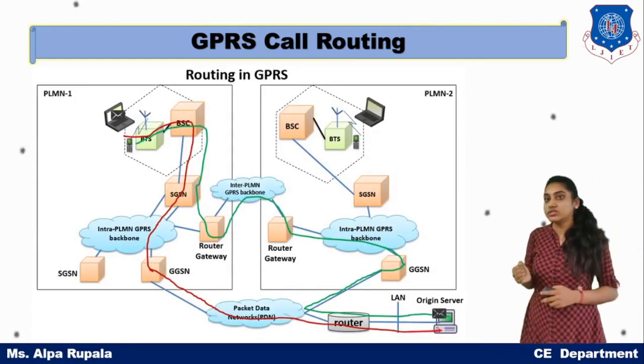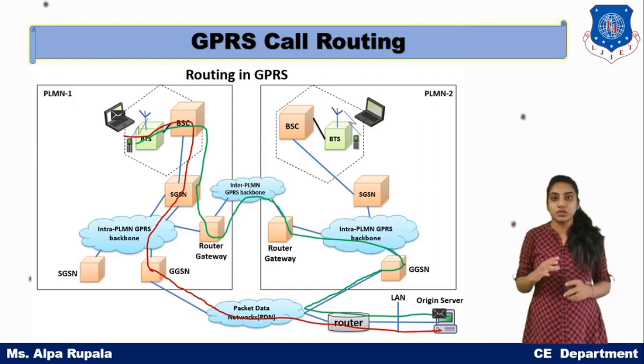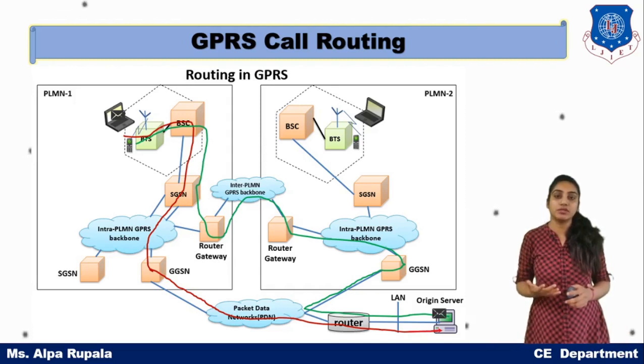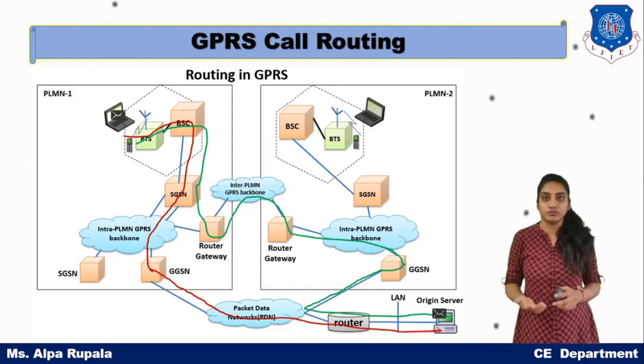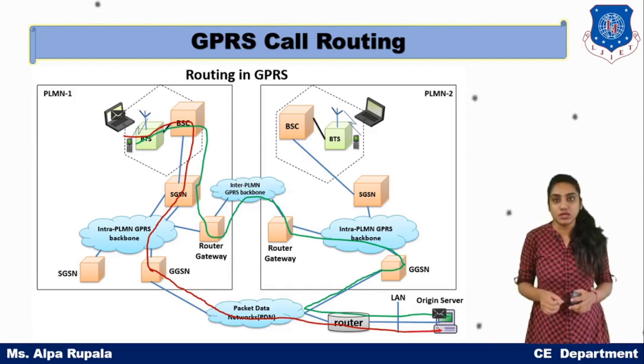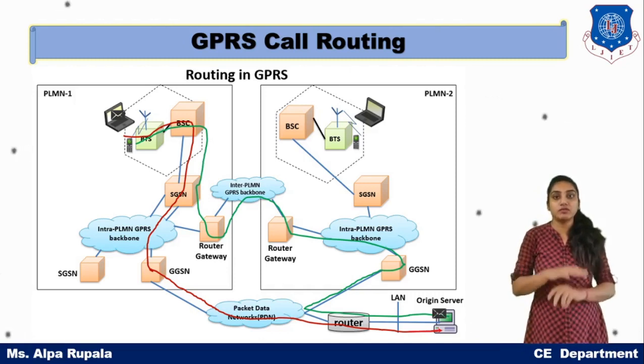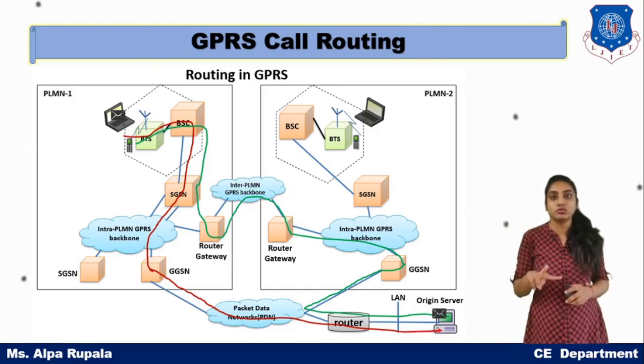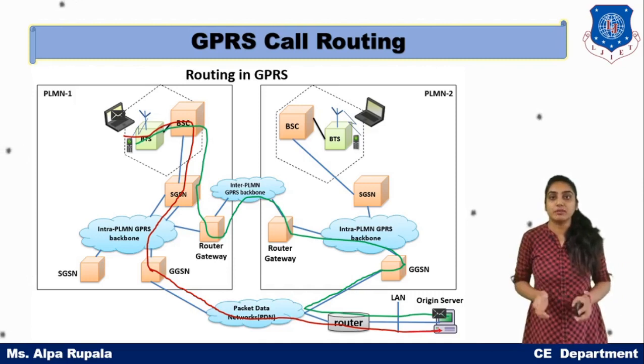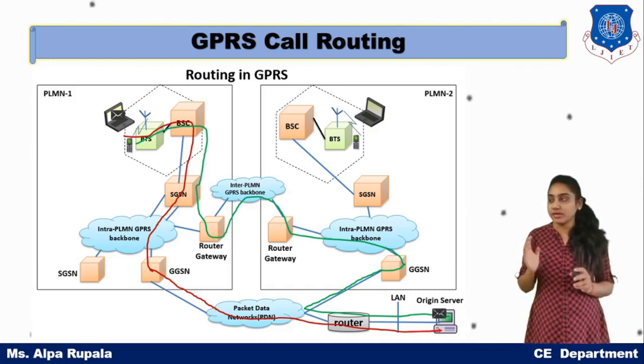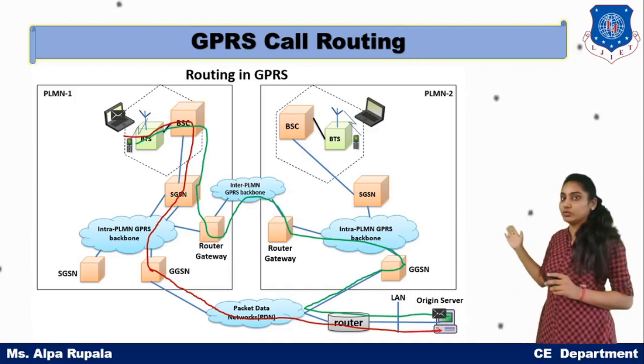Routing in GPRS can be learned according to an example. Suppose I have a mobile node A. We divide our whole architecture into two different P elements, P element 1 and P element 2.